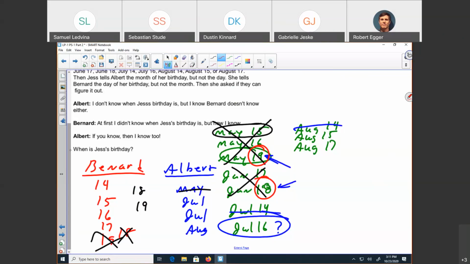So Bernard had to be given the 14th, 15th, 16th, or 17th. So he's narrowed it down. And by him saying I know what it is, that ruled out the 14th.